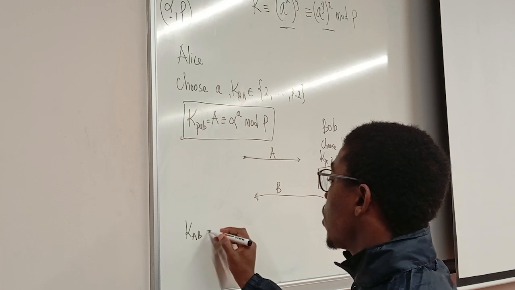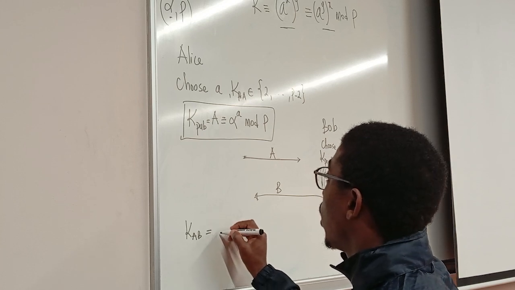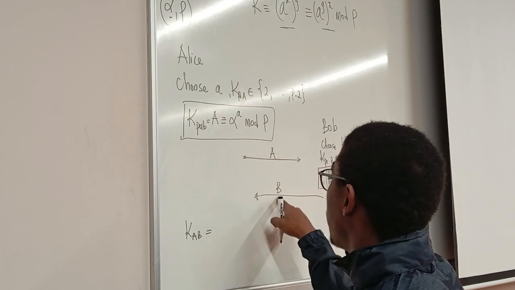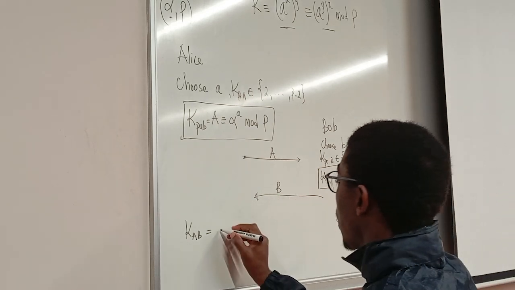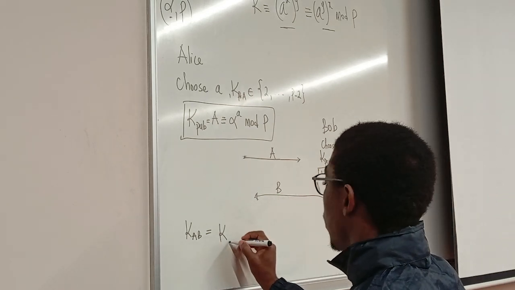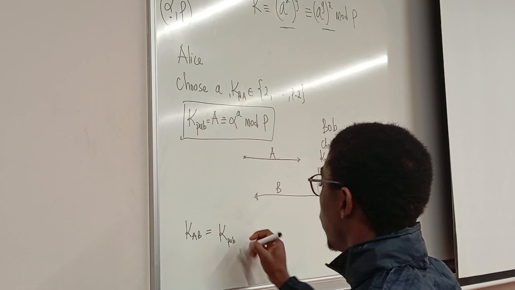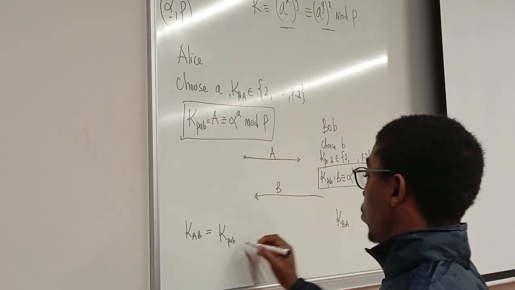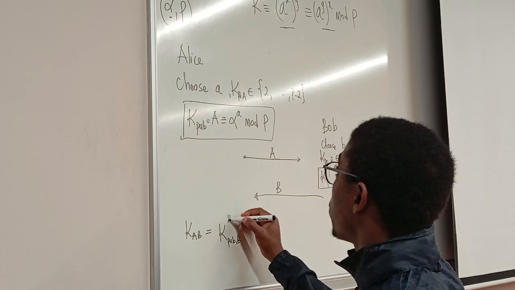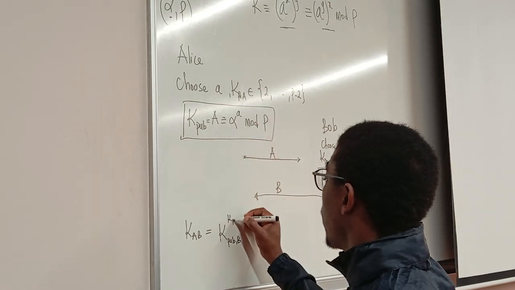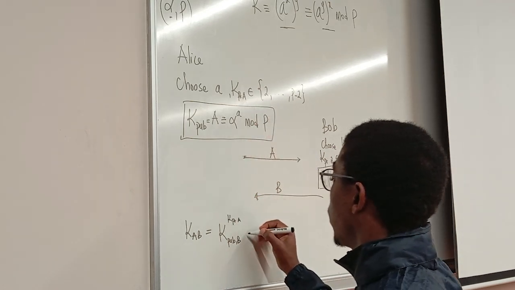She received B, so this is the public key of Bob. She's going to raise it to her private key, the private key of Alice.